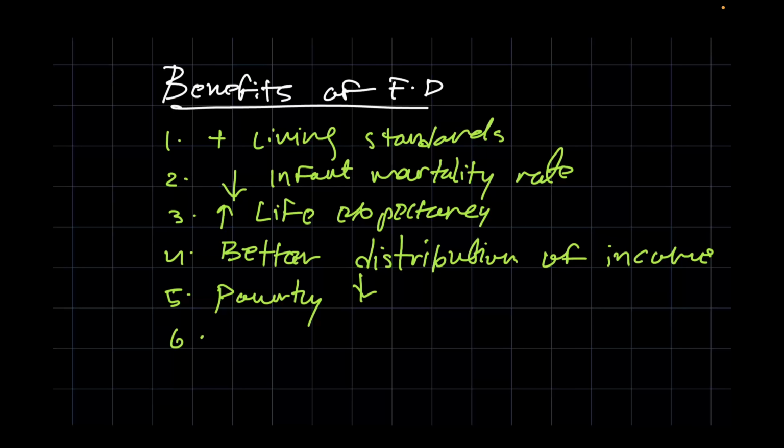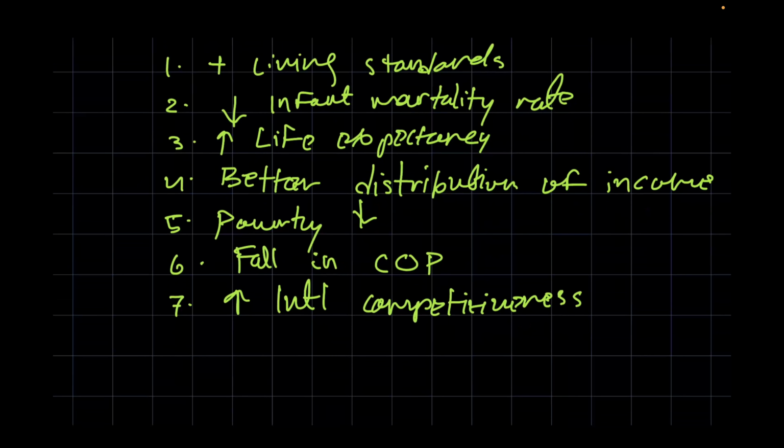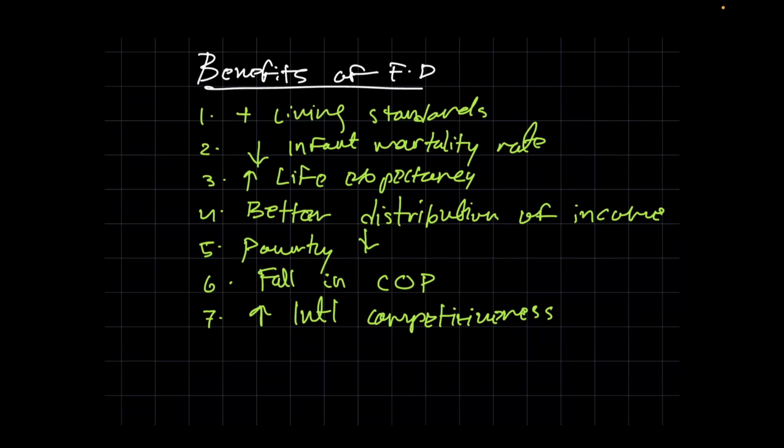Then you have fall in your costs of production, COP. I'm just writing it all in short acronyms. Then you have increased international competitiveness, which basically means that exports become more competitive in international markets, which could improve the balance of payments of the economy.